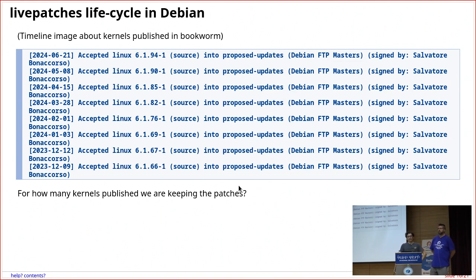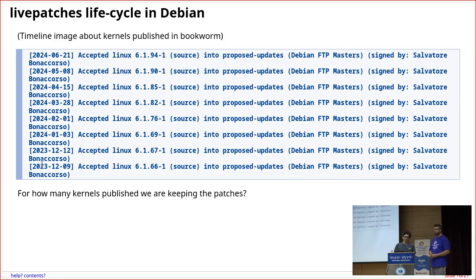So we need to consider what the life cycle of live patches in Debian will be. The main question is for how long we are going to support a specific live patch, or actually a specific kernel. This is just a part of the set of kernel updates published by the security team.